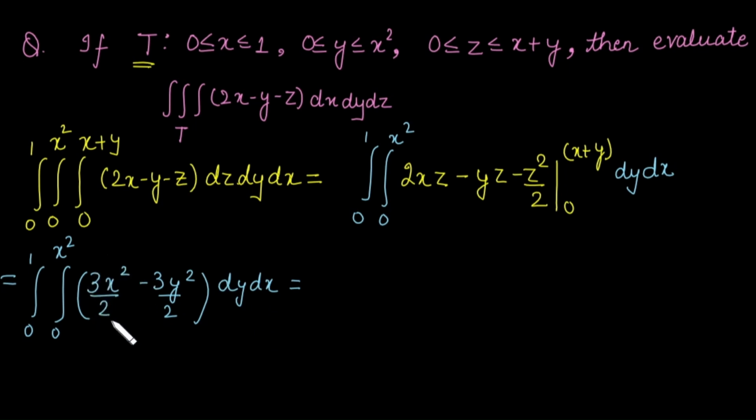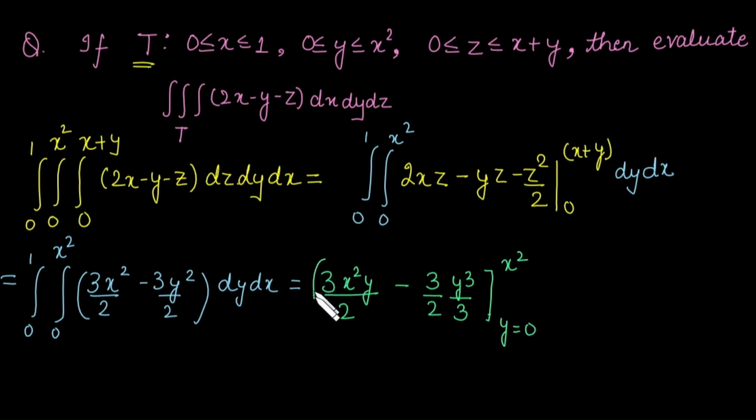In that case, this term is constant. Constant integration is simply y, minus this 3 by 2 as it is, y cube by 3. The limits of y are 0 to x square, and the outer integration 0 to 1 of dx as it is.